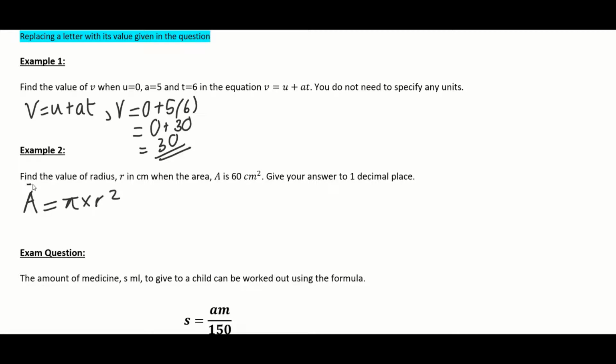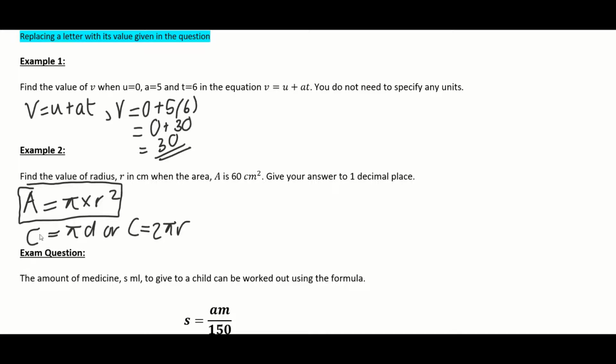So learn this equation. There's another equation that's related: c equals pi d, or c equals 2 pi r.